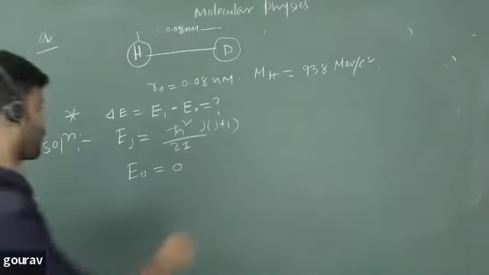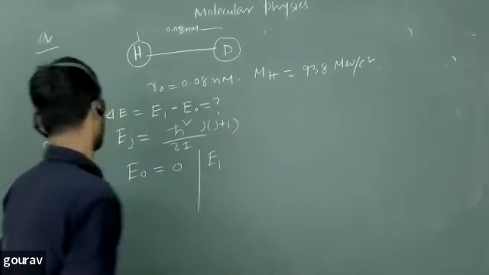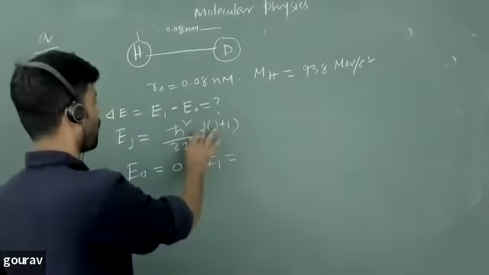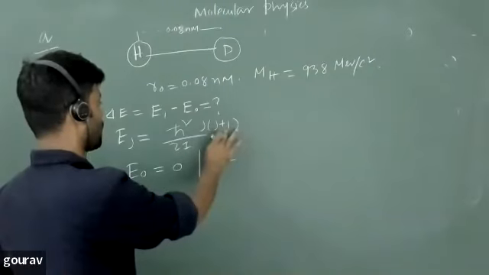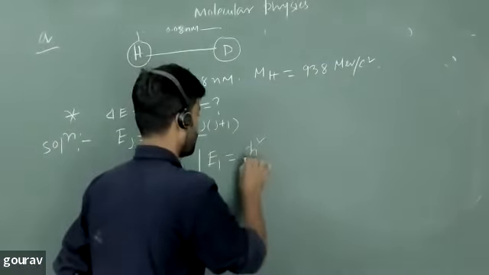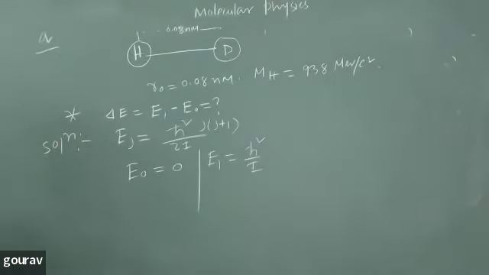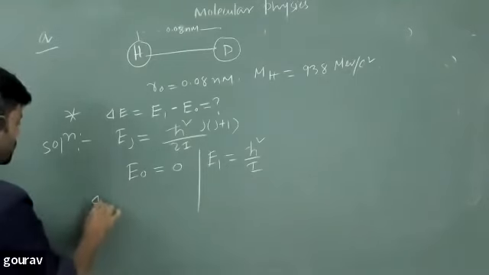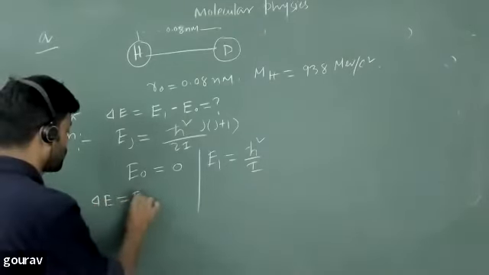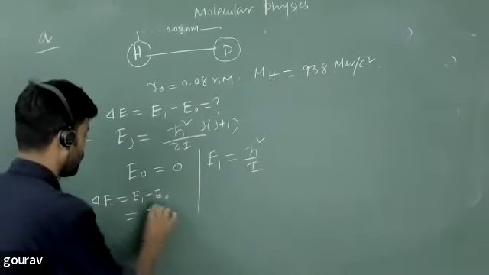For the first excitation J will be 1, so 1 into 1 plus 1 is 2, and this 2 cancels with the 2 in the denominator. So simply you will get H cross square by I. The conclusion: the difference in energy, delta E equals E1 minus E0, is H cross square by I.